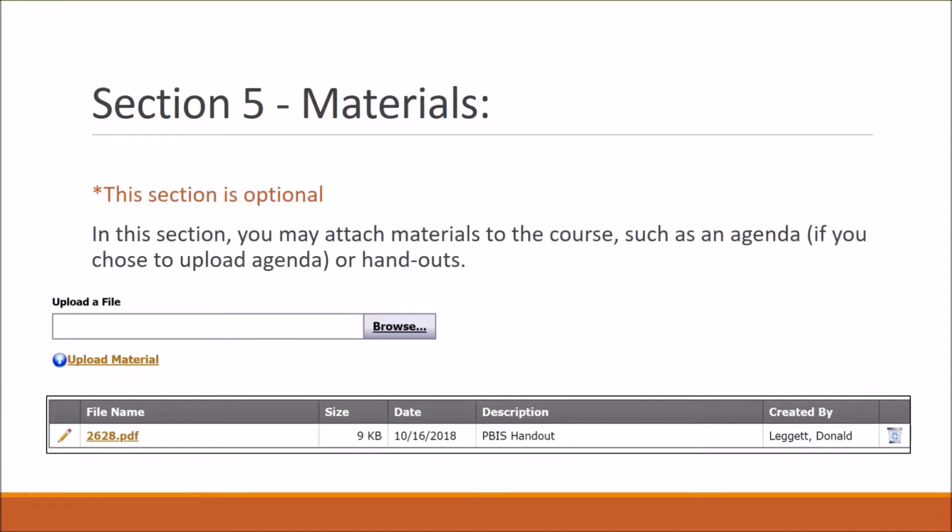So if they lost it, they could log into the account, go back into the system, go to My Records in the specific course, and click on the link, because it stays in the course info page.